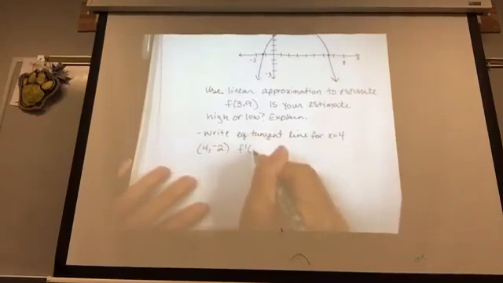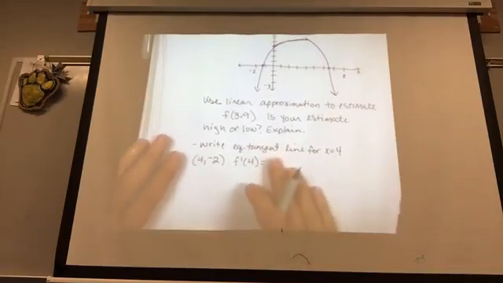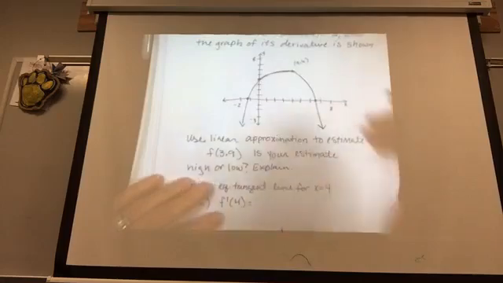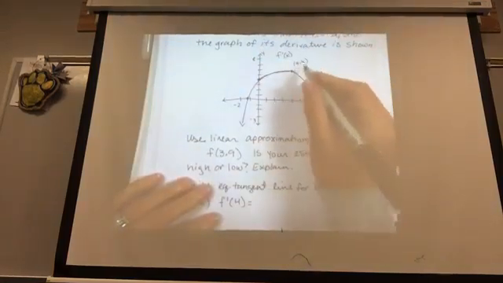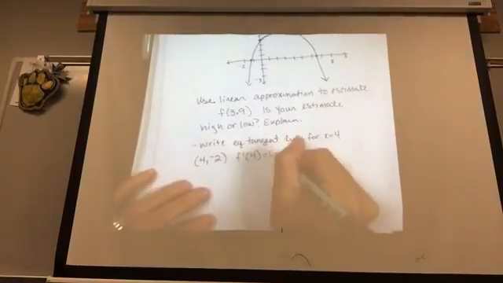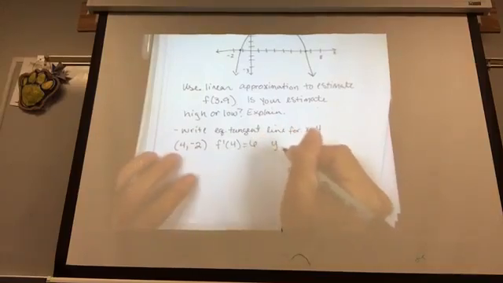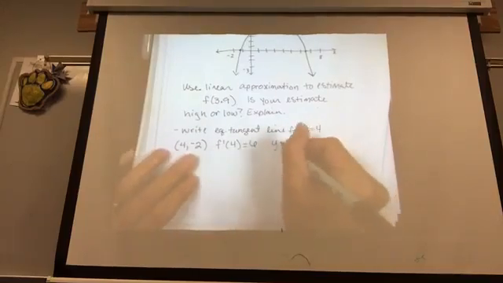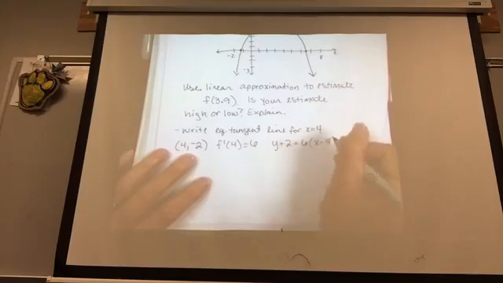And what is my slope, f prime of 4? They gave me the graph of the derivative, and so my slope is 6. So we can write the equation of our tangent line: y plus 2 equals 6 times x minus 4.